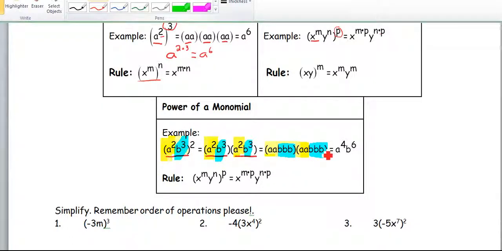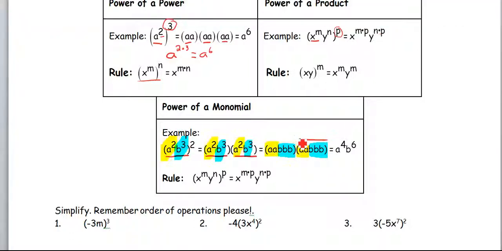Alright? So in the end, what we look at is this whole thing all together, because we've written it twice. So we're doing this 2 times right there. So we'd count our a's, 1, 2, 3, 4, a to the 4th, b's, 1, 2, 3, 4, 5, 6, b to the 6th. But that's the same thing here, and let me write this out.